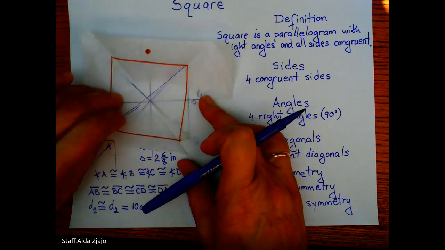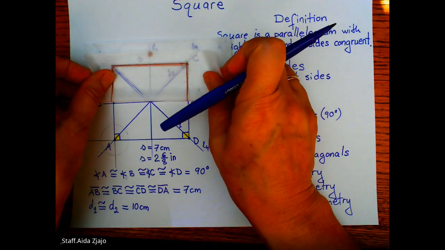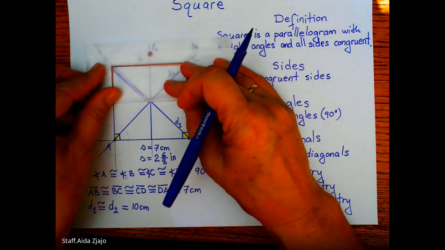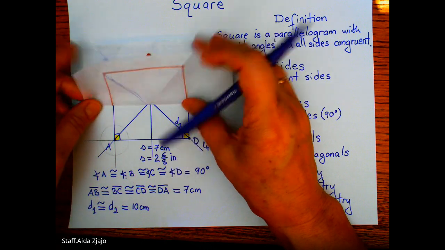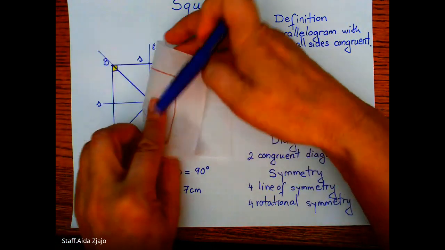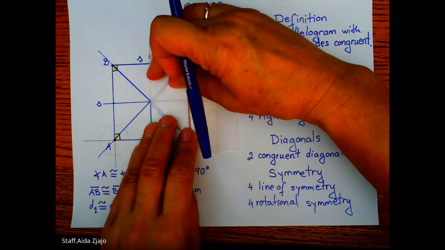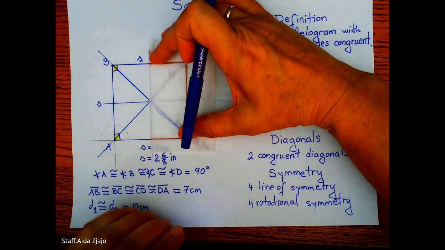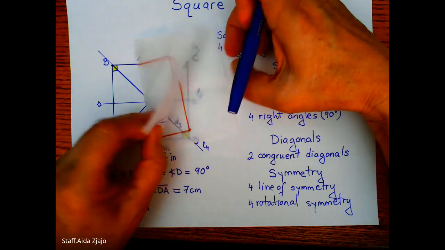That's 2 lines of symmetry. And then if we do the horizontal cut, it shows that there is matching also. There is a horizontal line of symmetry. And then if we do a vertical line, it will show us that we can also have a half of a square, identical. So 4 lines of symmetry as well.